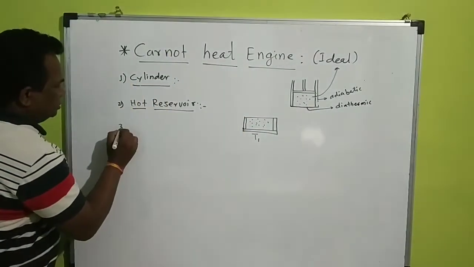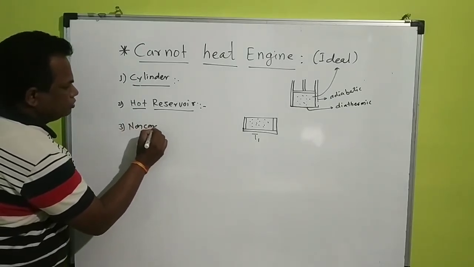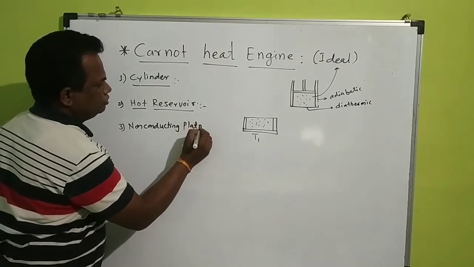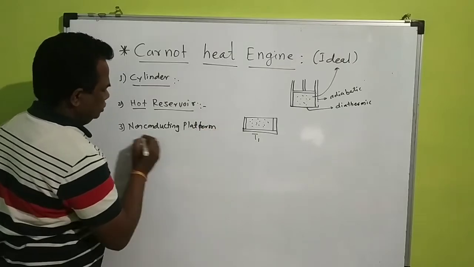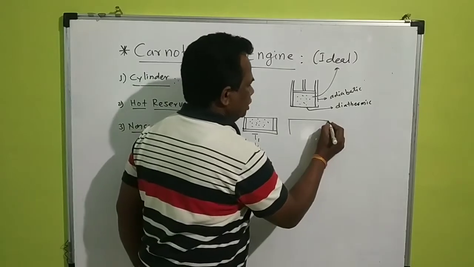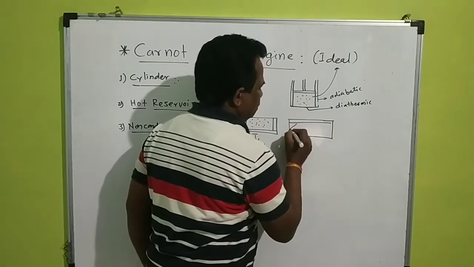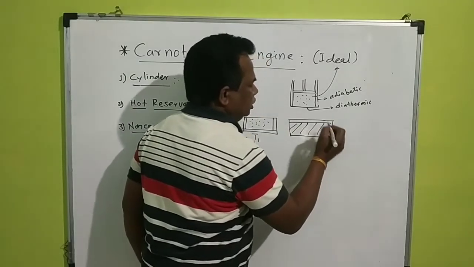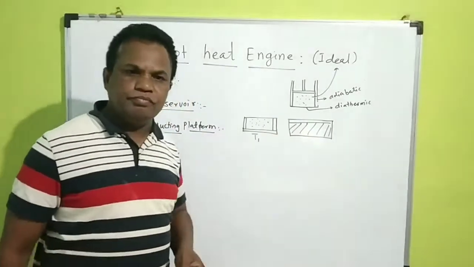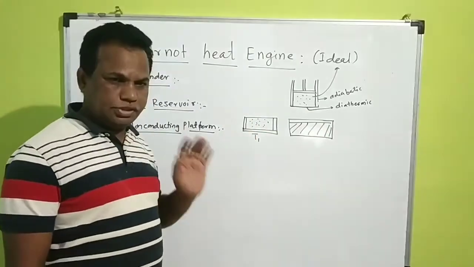Next part, it consists the non-conducting platform. So this is the material placed here, non-conducting platform, where when cylinder comes on this platform, then this performs adiabatic processes.